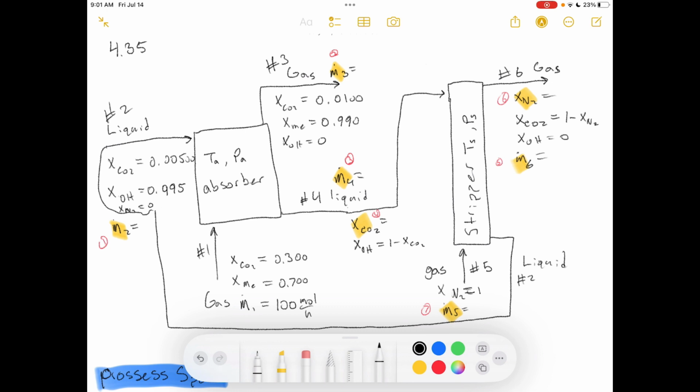The product gas leaving the top of the absorber contains 1 mole% CO2 and essentially all of the methane fed to the unit. The CO2-rich liquid solvent leaving the bottom of the absorber is fed to the top of the stripper, and a stream of nitrogen gas is fed to the bottom.